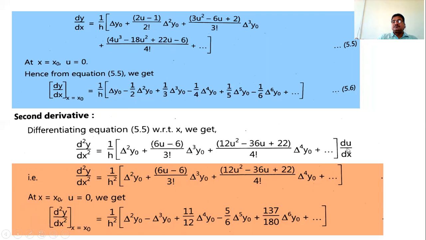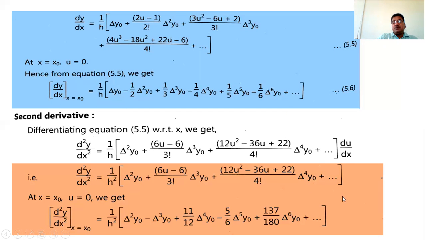The value of du by dx is 1 by h. So we have this term, the derivative with respect to u, into du by dx. Again du by dx is 1 by h, so this 1 by h and that 1 by h become 1 by h square. So this is the general second order derivative.